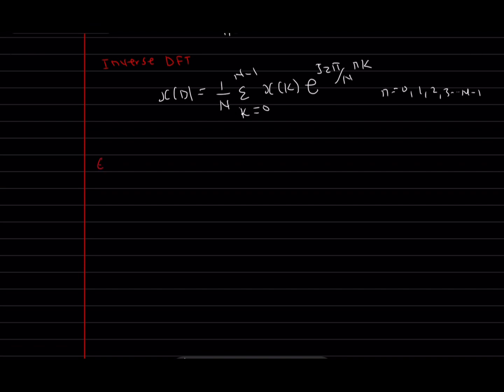Example 1. If you are asked to write the mathematical expression for both the forward DFT and the inverse DFT, the answer is going to be X of k equal to the summation of n equal to 0 to N minus 1, x of n exponent negative j 2 pi over N nk, where k is equal to 0, 1, 2, 3, and so on up to N minus 1.